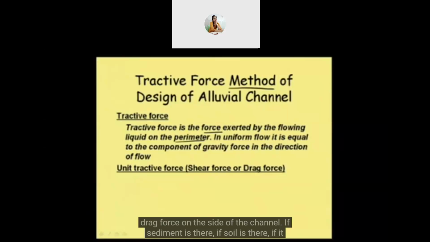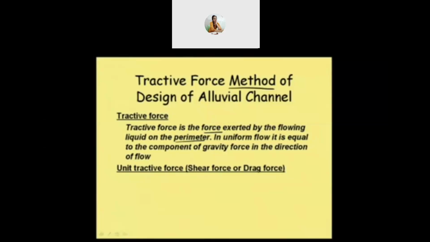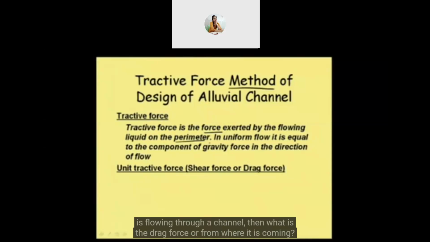And if it is an unlined canal we are talking about, of course an alluvial channel, then the drag force will be exerted on the soil particles. That is called tractive force. Now, when a fluid is flowing through a channel, where is the drag force coming from?